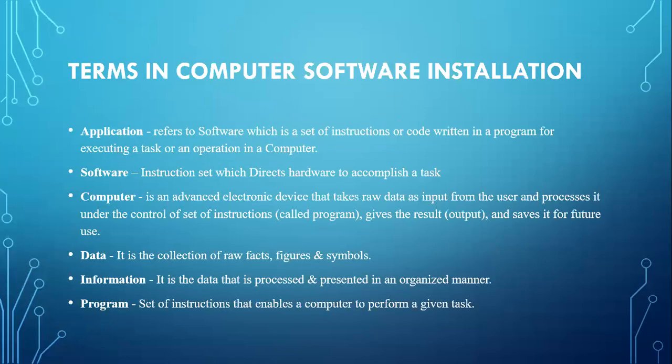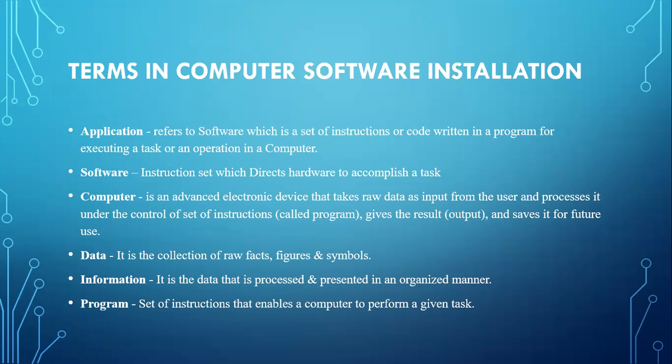We have the application, and this refers to software which is a set of instructions or code written in a program for executing a task or an operation in a computer. We have the software, and the software is a set of instructions which directs the hardware to accomplish a task.